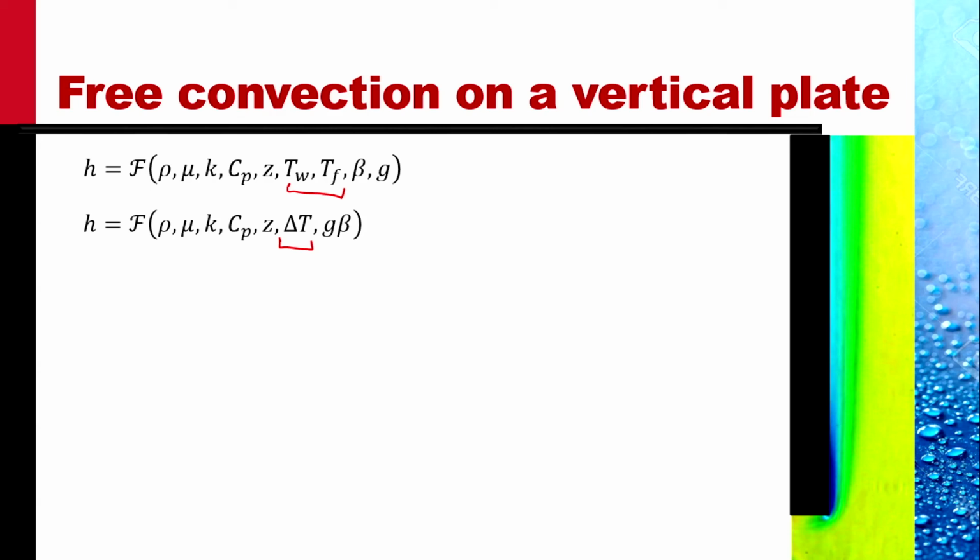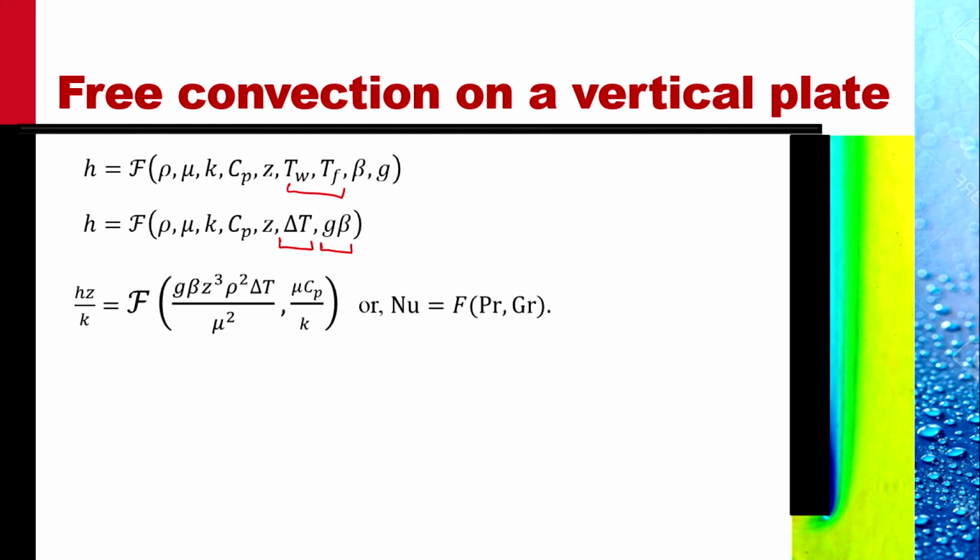And we also argued that the expansion of the fluid contributes to free convection through the action of gravity. And so it is not beta and G independently that should enter the formulation, but together. So this should be G beta. We had reduced the number of parameters by 2 previously. This is how we did it.